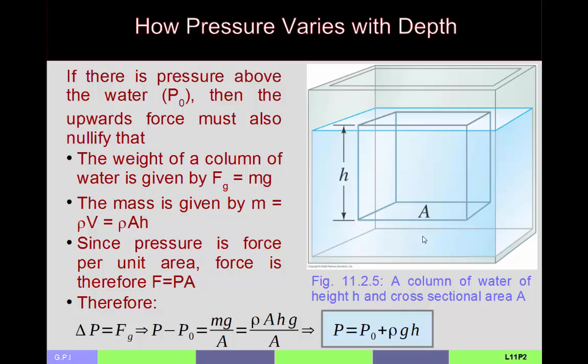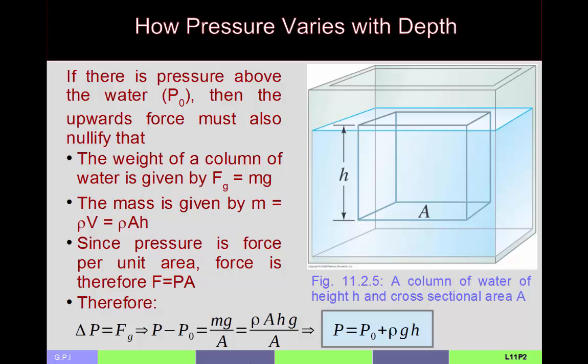So the force acting downward from pressure above must be P0 times A. The force acting upward from below must balance out P0 A plus the weight of this. So the force acting from below must be P0 times A plus the weight, which is rho A h g, all divided by A, the area.